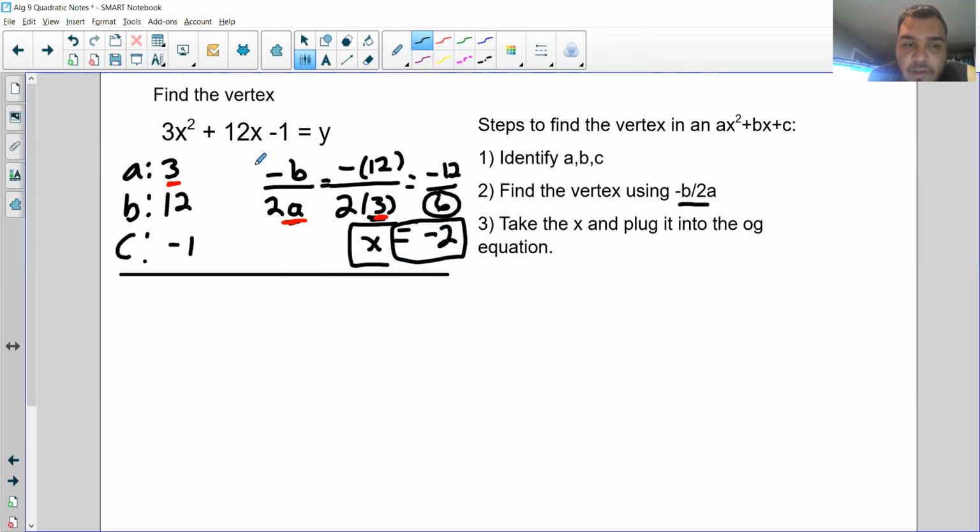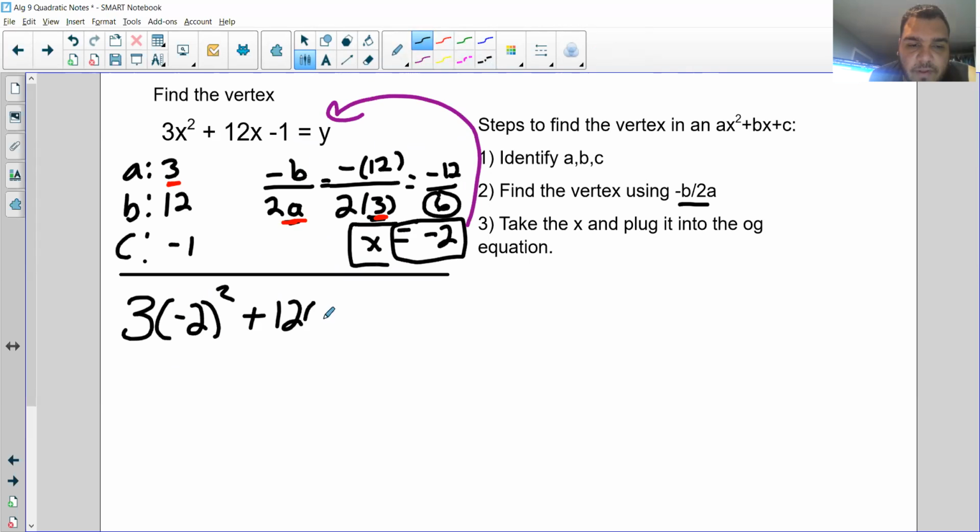Okay, so -2, we take that -2 and plug it into this equation. 3 times -2 squared plus 12 times -2 minus 1 equals y. We've done a lot of practice with squares already, so -2 squared should be a positive 4. 4 times 3 is 12.